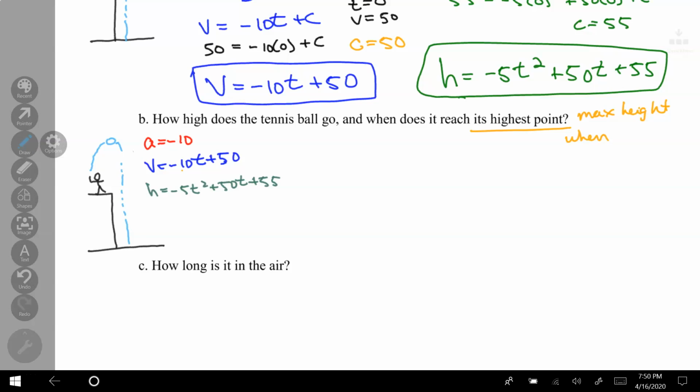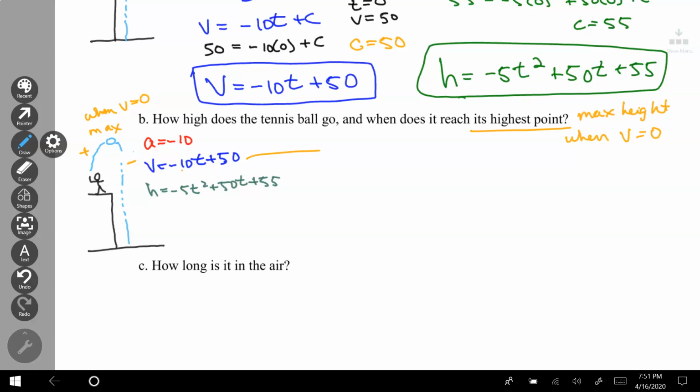Velocity is positive when things are going up in the air, and velocity is negative when things are going down in the air. So when I'm at the max right here, its velocity is equal to 0 because it was positive velocity going up and then negative going down. So right at the max, its velocity is 0.